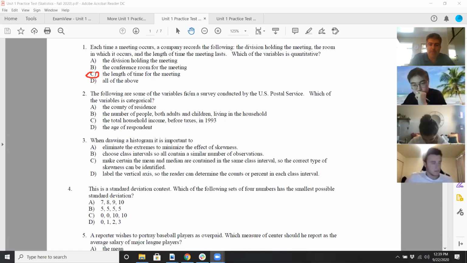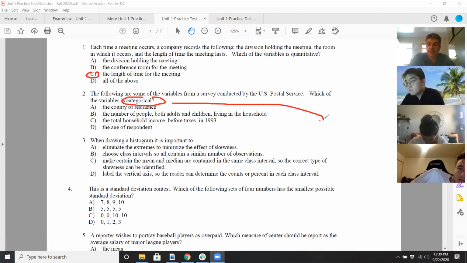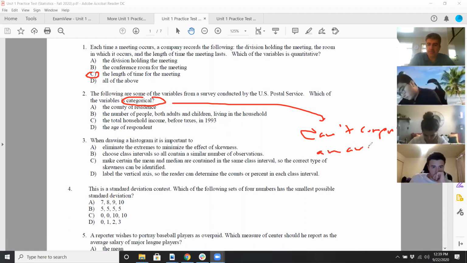The following are some variables from a survey conducted by the U.S. Postal Service. Which of the variables is categorical? Now, categorical, you can't compute an average. Sorry, messy handwriting. You can't compute an average.